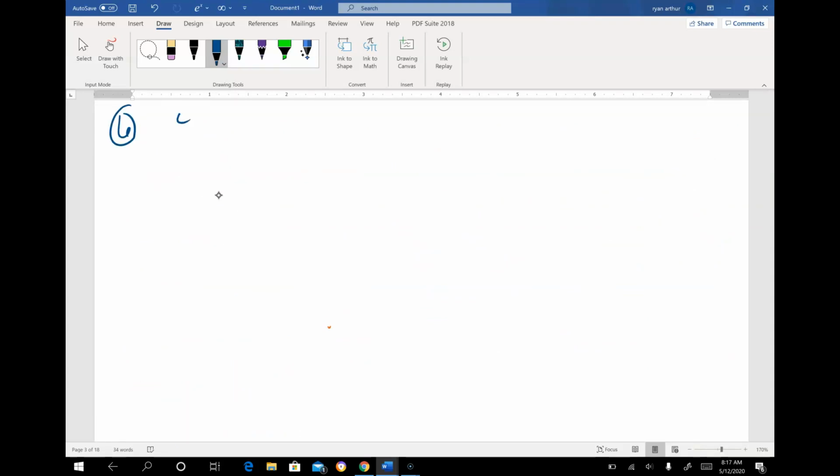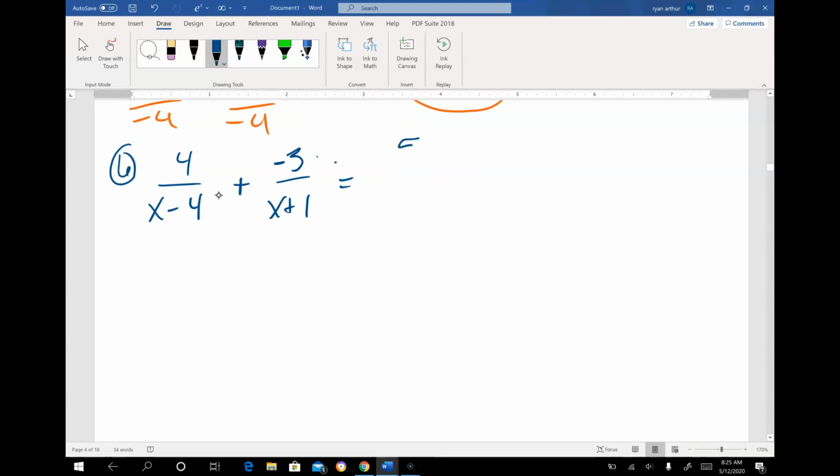This one's going to be 4 over x minus 4 minus 3 over x plus 1 equals 5 over x squared minus 7x plus 12. All right, so I copied the problem down wrong. So I paused it. That is what it's supposed to be. Okay, so we need to factor this.